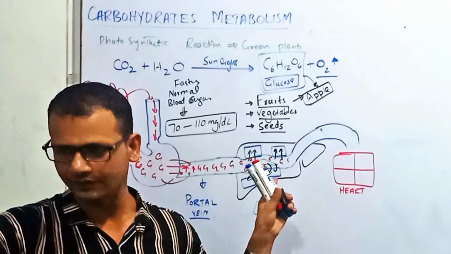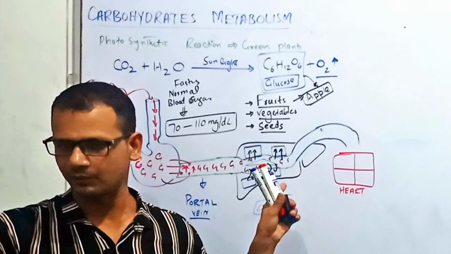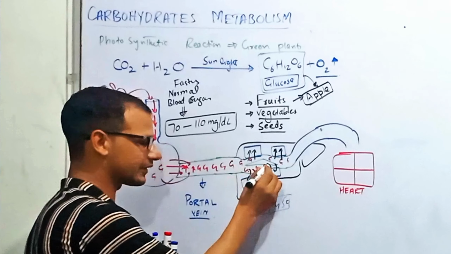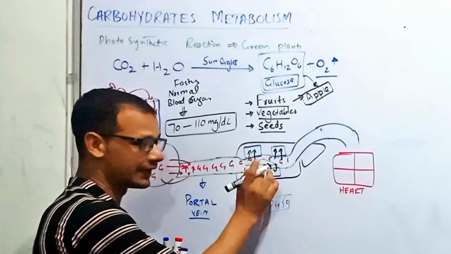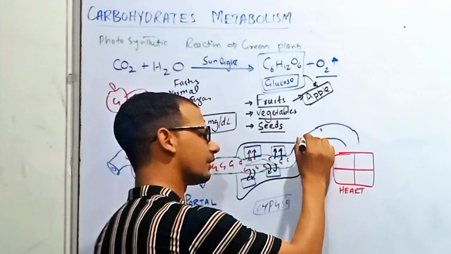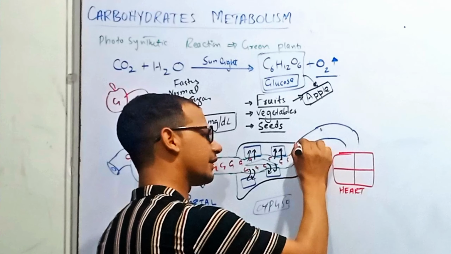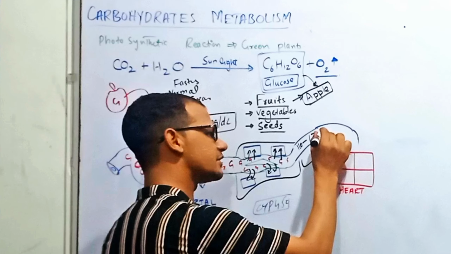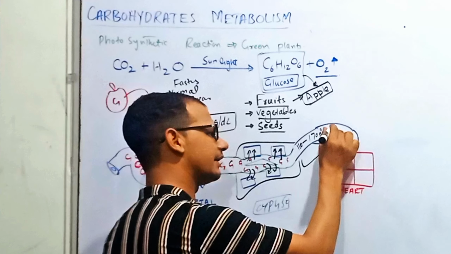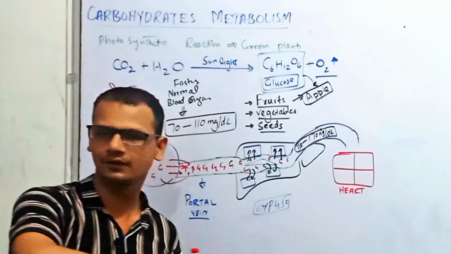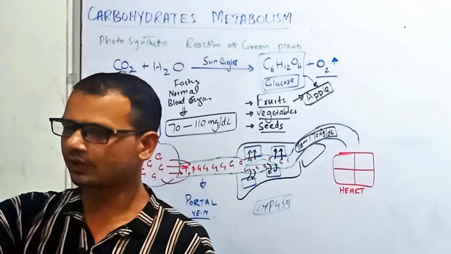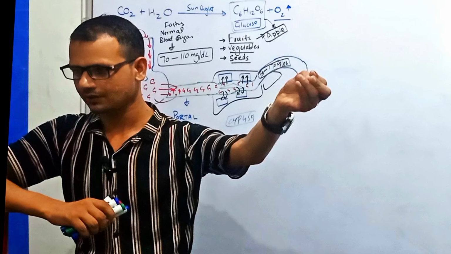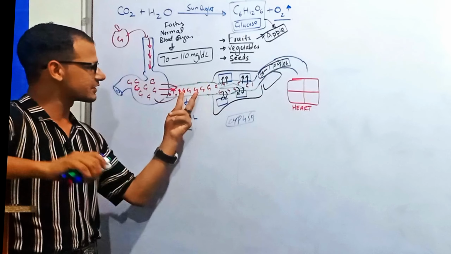Insulin is not needed for the transport of glucose in the liver, right? So the liver takes the extra glucose from the blood, and only 110 to 170 mg per dl remains in the blood, because our random blood sugar level is from 110 to 170, right? Here this is in fasting state.